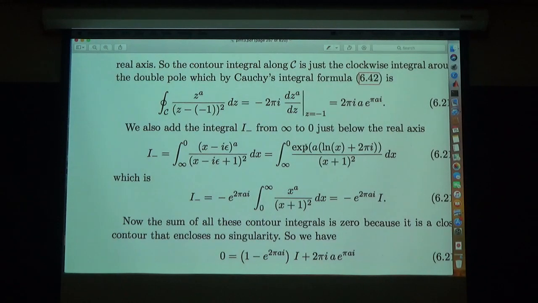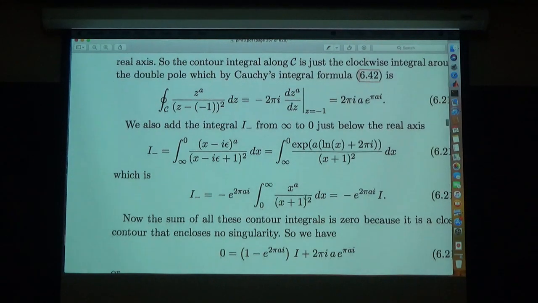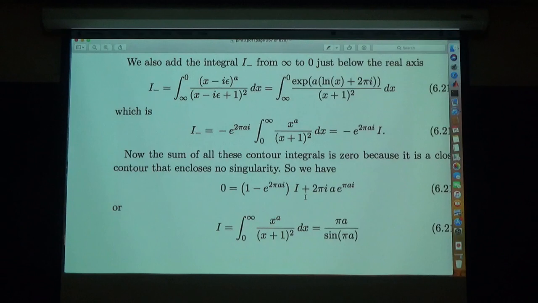So this gives us e to the a 2 pi i, which comes out. And the thing that's left is just, apart from a minus sign, the original integral that we started with. So the total contour integral gives us the integral around the double pole plus the integral we were looking for, and then the integral I minus that we just did.